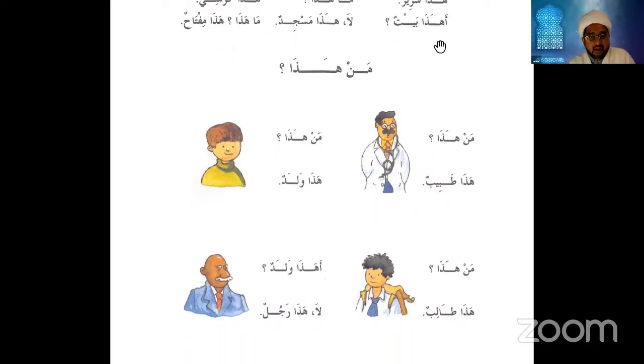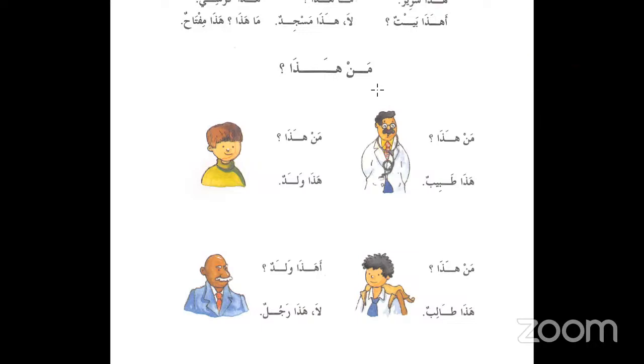Ahsanti. Bismillah. Next one. Now the word man is used for asking questions about human beings. So when we say man hada, it refers to human beings. Man هذا. Who is this? هذا طبيب. This is a doctor. Man هذا. Who is this? هذا ولد.